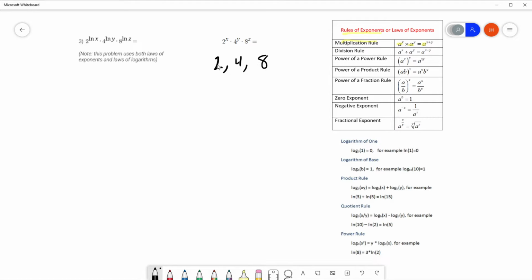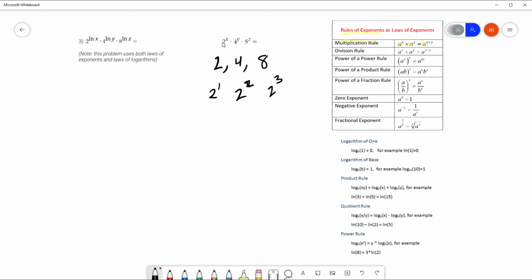A lot of people, if I ask them what these have in common, told me that they're all even, and that is true, but even more important than that, these are all base 2. This is 2 to the power 1, 2 to the power 2, and 2 to the power 3. This is going to be a really common trick when you are working with exponential form, all right? So I'm going to use these powers of 2 to replace the bases of each term in order to get them to all be some exponential of base 2, okay?